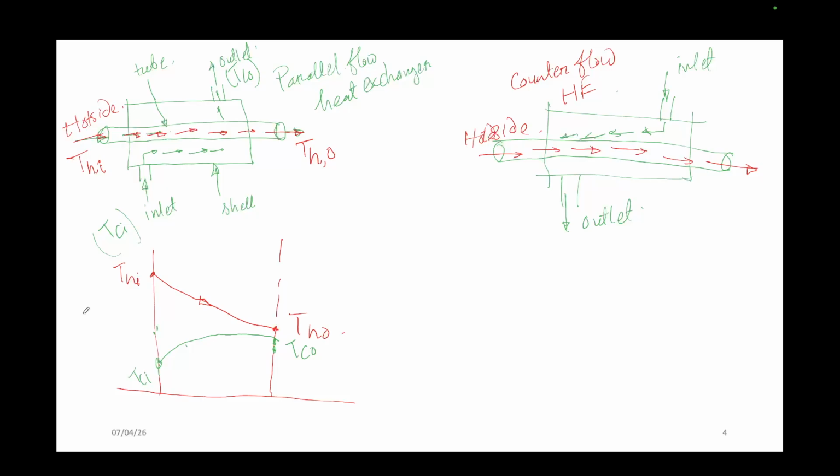So have you drawn this one? So just check with me whether it is correct or not from your side.